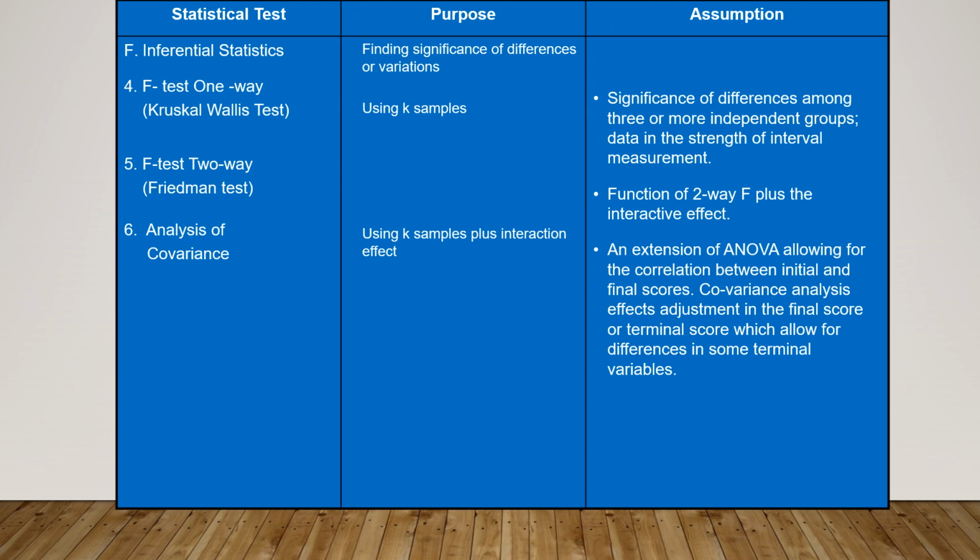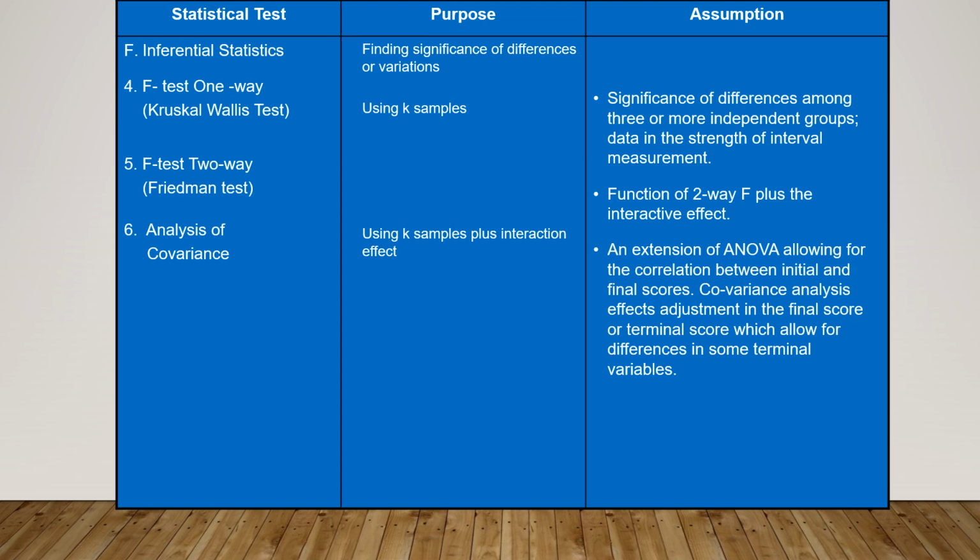The fourth inferential statistic, we have the F-test one-way or the Kruskal-Wallis test. The purpose: finding significance of difference of variations using K samples.